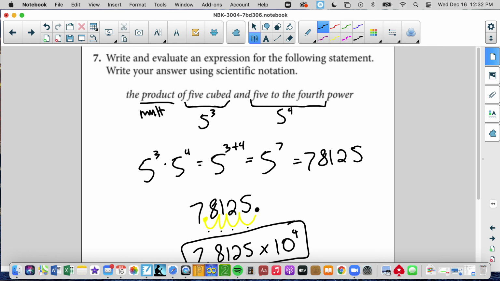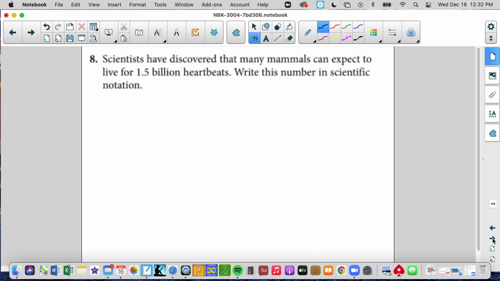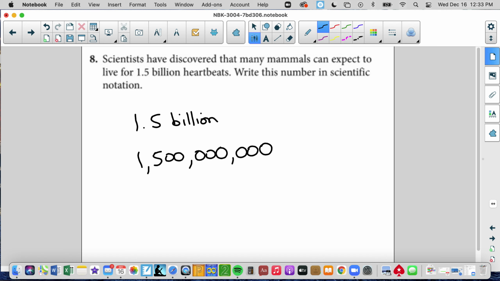Write your answer using scientific notation. Scientists have discovered that many mammals expect to live for 1.5 billion heartbeats. That's interesting. Write this number in scientific notation. So 1.5 billion means 1, and then this is the hundreds, thousands, millions, billions.